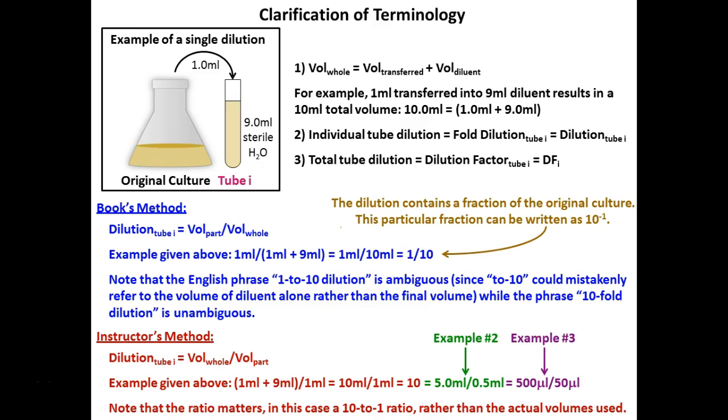Here's another example of a 10-fold dilution. In this case, it's 500 microliters. So they actually started with 450 and added 50 to get their total of 500 to give them a 10-fold dilution.